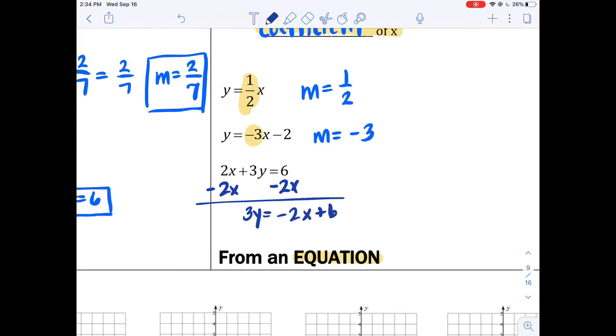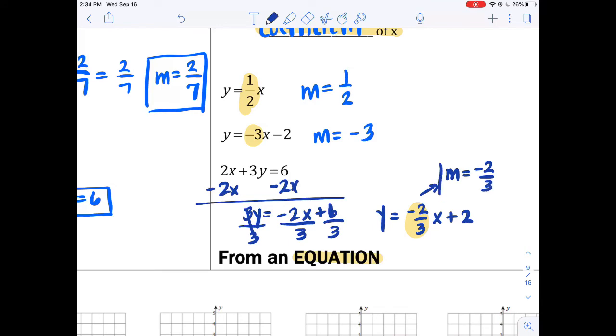Again, my goal is still to isolate y, so the inverse operation of multiplication is division. And so I get the equation y equals negative 2/3 x plus 2. And so now I'd be able to recognize that the slope is negative 2/3 because now I can recognize the coefficient. So the slope of this line, m equals negative 2/3.